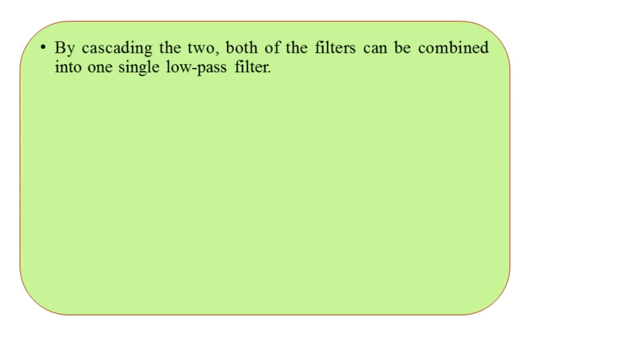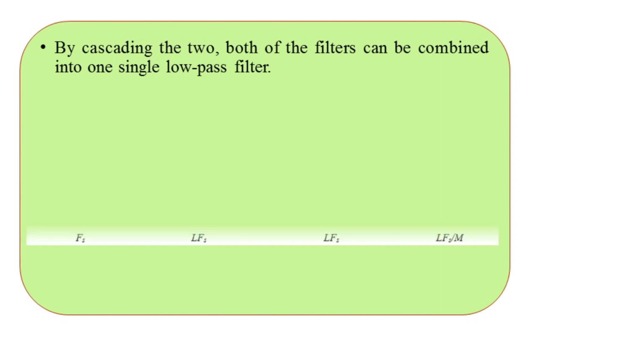Now if we club the two filters, first the anti-imaging filter and then the anti-aliasing filter, it is basically the cascading operation originally and then merging of the filters. So by cascading the two, both of the filters can be combined into a single low pass filter.